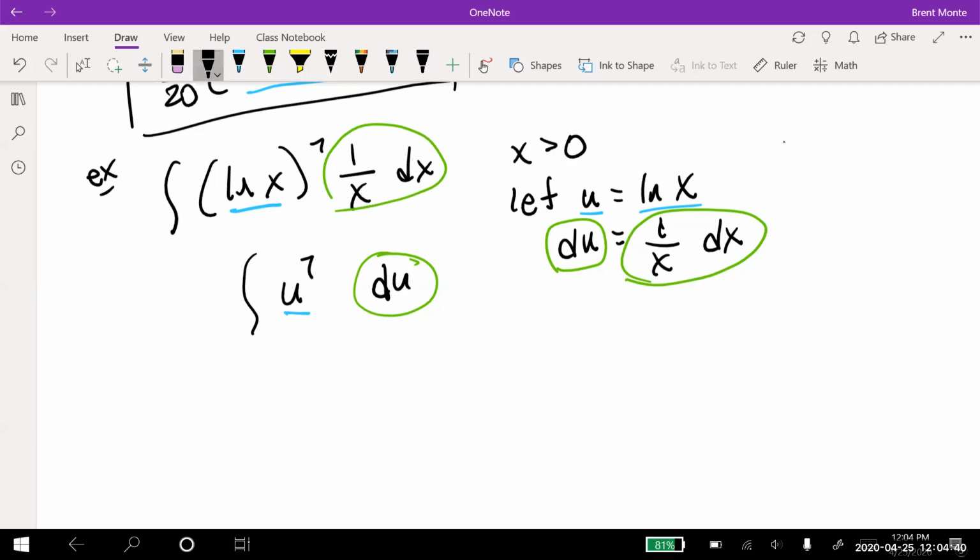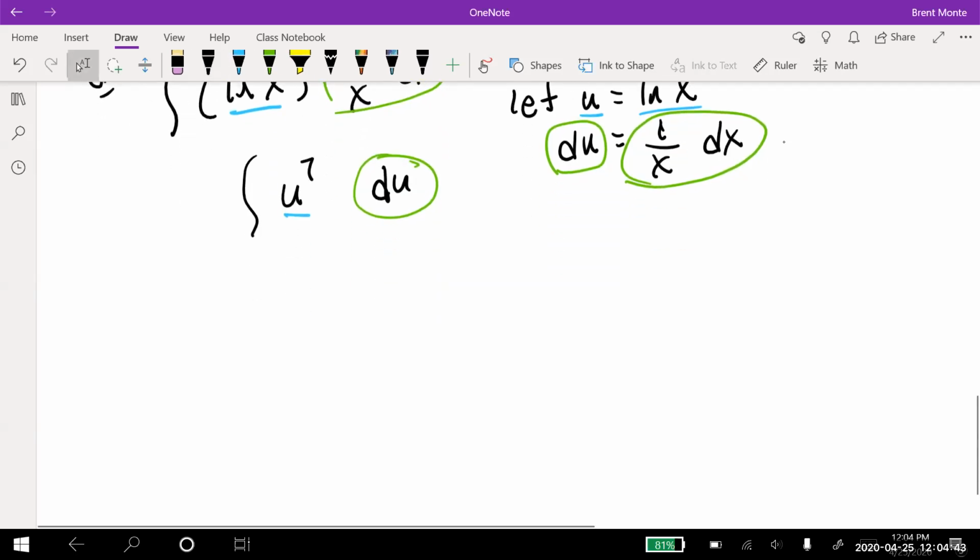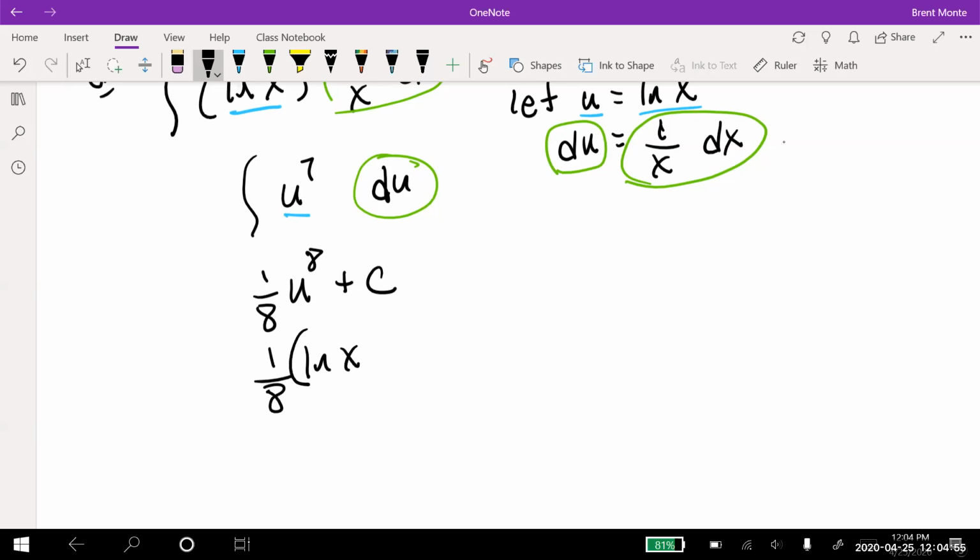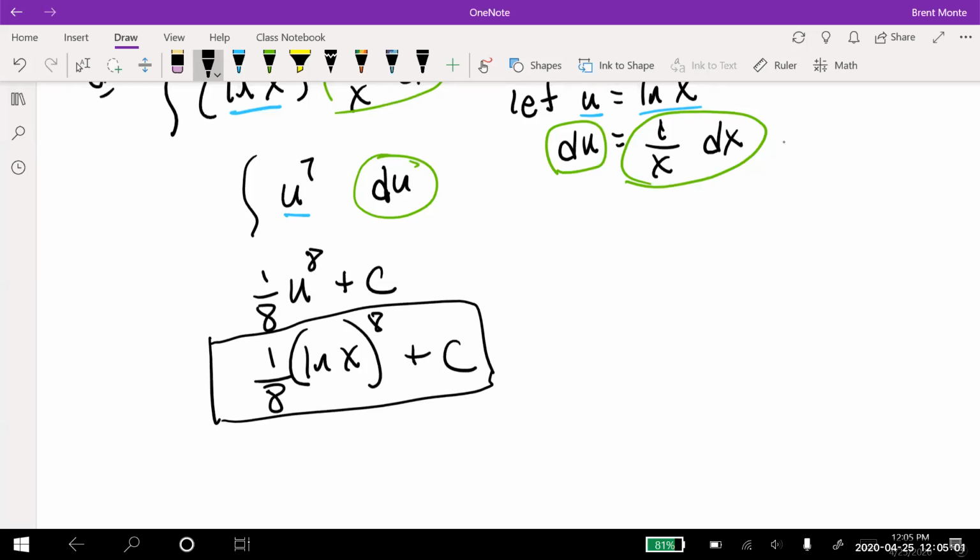Underline that in blue. Now, again, we're all in terms of u, so now we just integrate. Oh, that's 1/8 u to the 8th plus c. But u is equal to ln of x, so it's 1/8 ln of x raised to the 8th power plus c. And I'm done. That was not so bad.